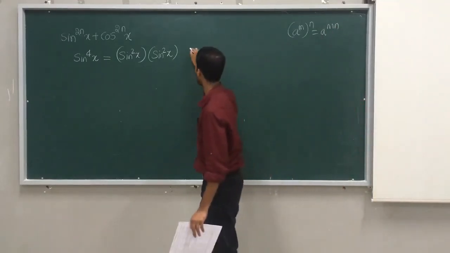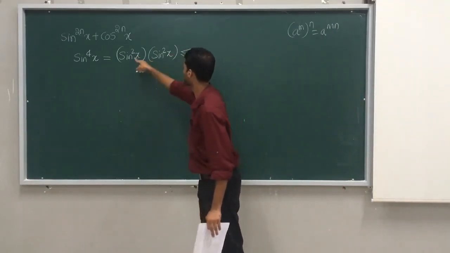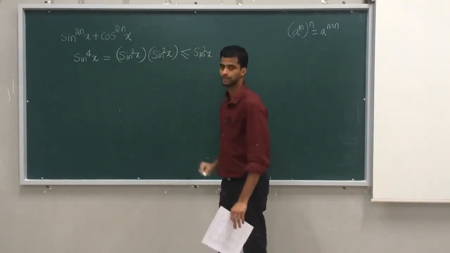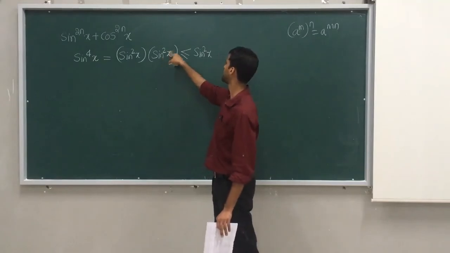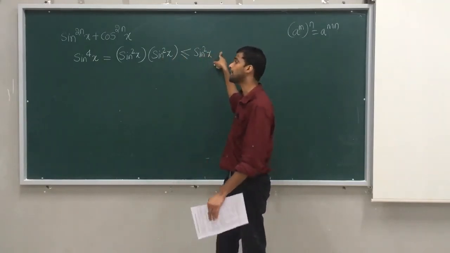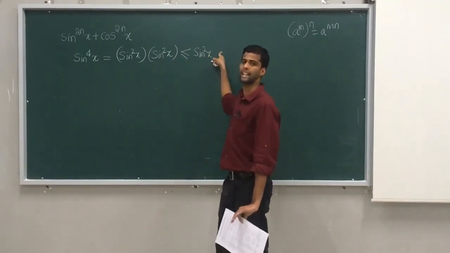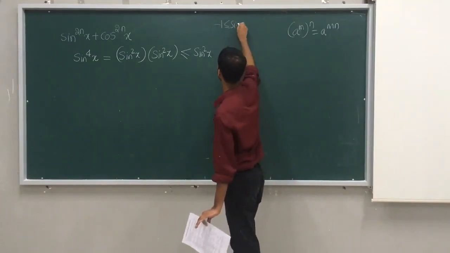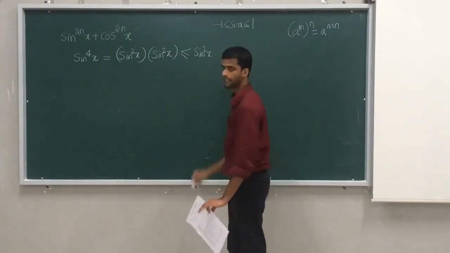Now I will bring in an inequality. Sin square x is less than or equal to sin square x, but instead of this I will use a technical idea. I know that sin x lies between minus 1 and plus 1.